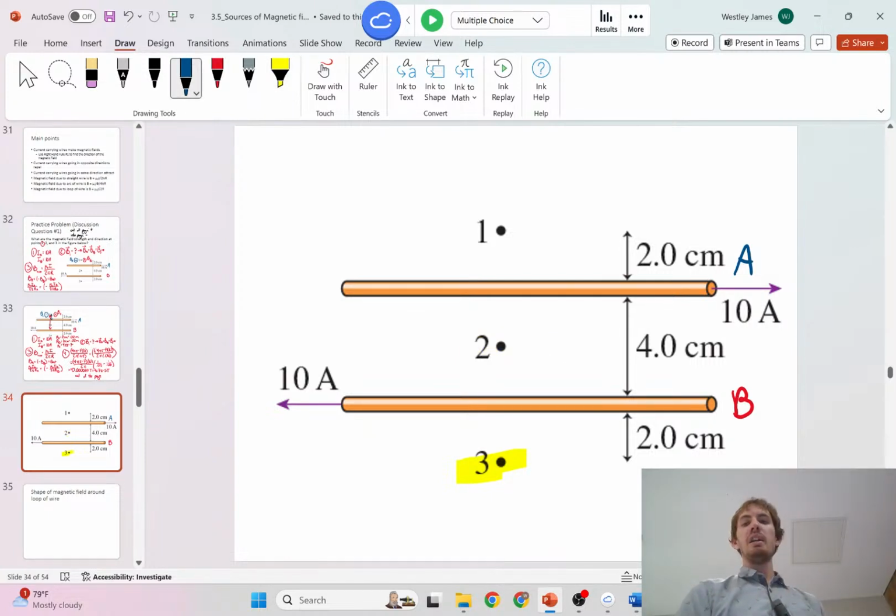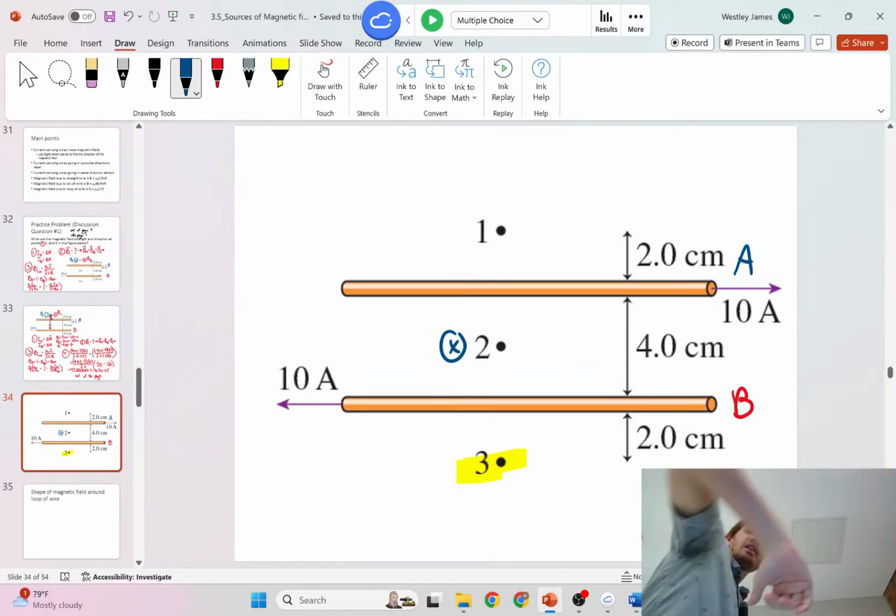So wire A, current is to the right, point is below it, so it points into the page. So wire A at point 2 points into the page. And there, swing 90. Wire B, current points to the right, point is above it, it also points into the page.